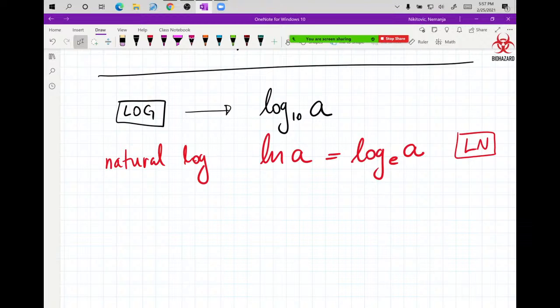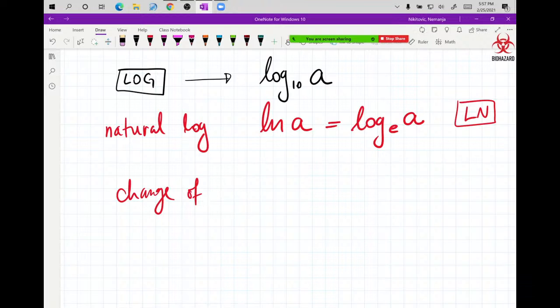I have seen scientific calculators with only LOG, and I've seen them only with LN. Only having one. And the reason why is this change of base formula, which you guys memorize and then you use if you have to calculate logs that are not base 10 or something.